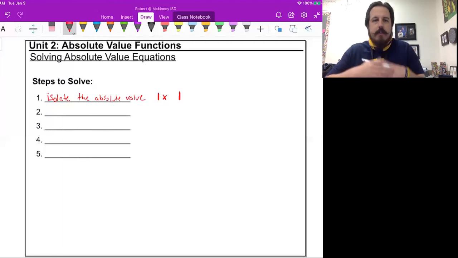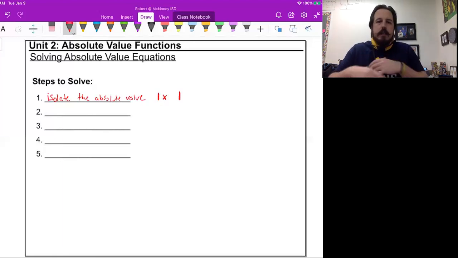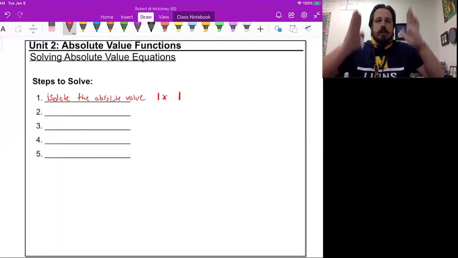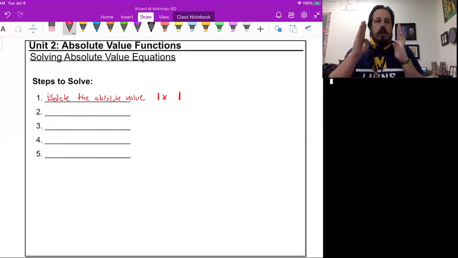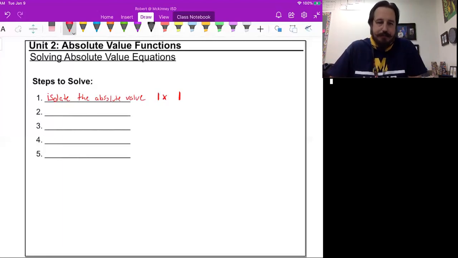You may have plus or minus things. Whatever is inside of those absolute value bars, you need to get that all alone on one side of your equal sign.